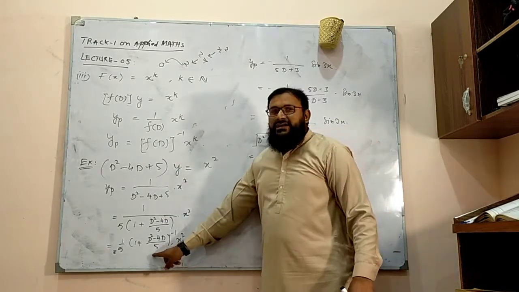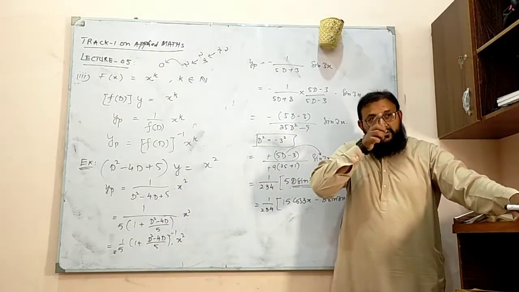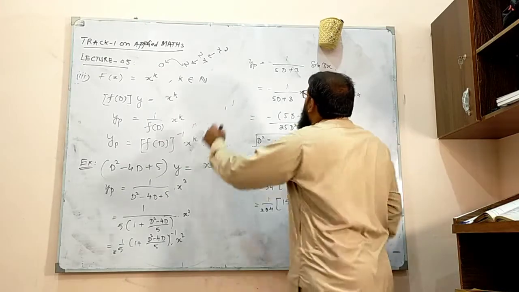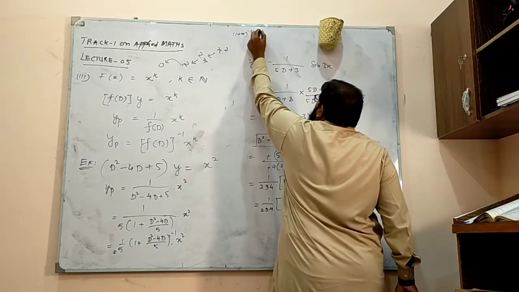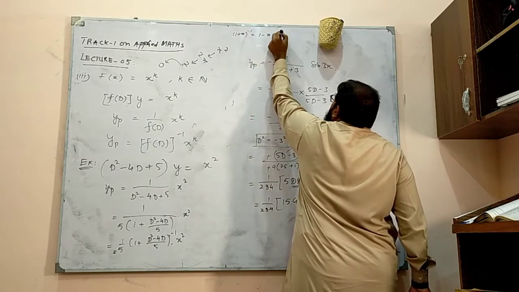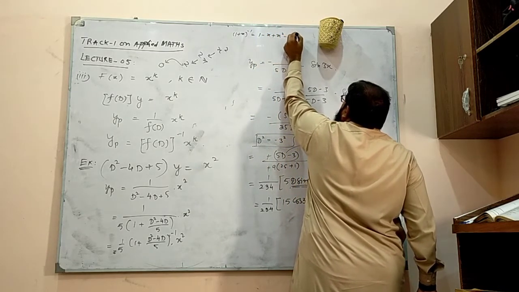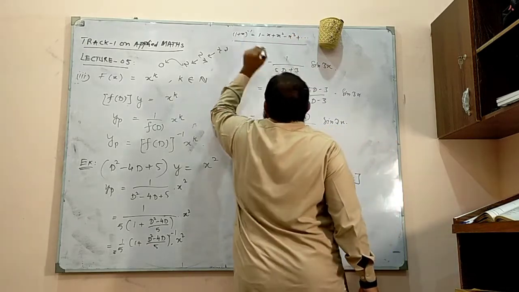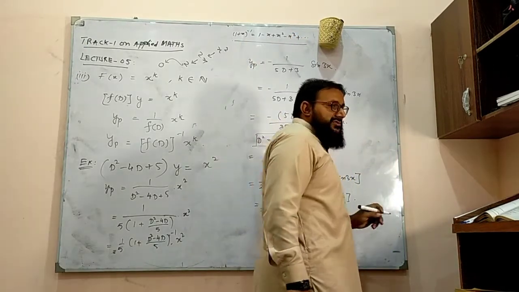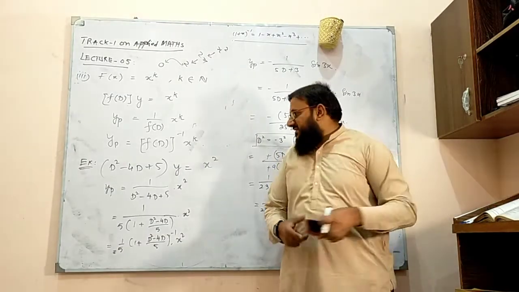Now how to expand this thing into increasing powers? We know very well, if we have 1 plus x power minus 1, it would be 1 minus x plus x square minus x cube. Is it okay? Plus minus, okay. 1 minus x plus x square and so on. So we have to expand this thing in this way.